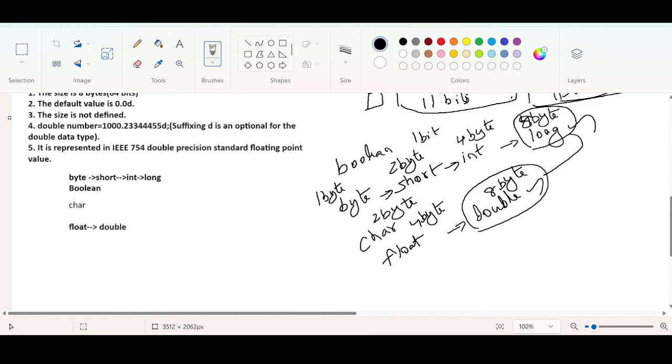But when you talk about the experience, there is a concept called promotion, promoting the data type. We will see what promoting the data type is. When you talk about promotion, or about handling the data, double is highly experienced. I will tell you.